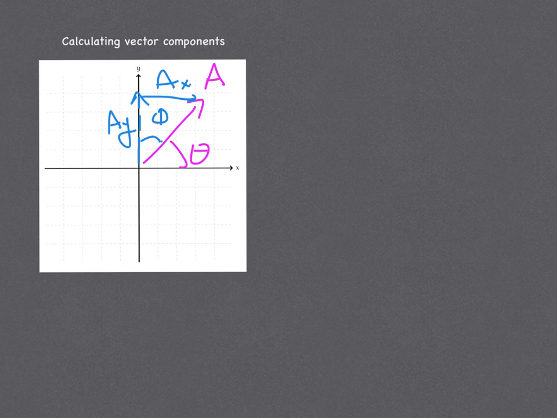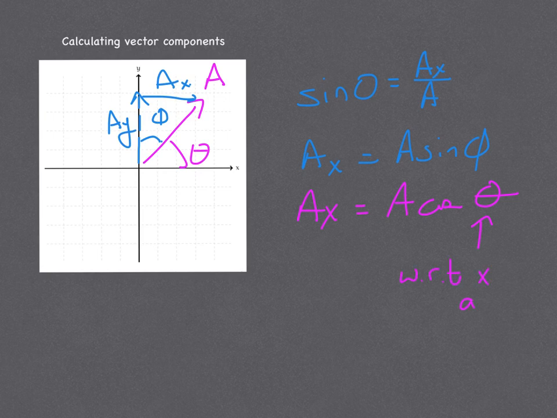So now it's opposite over hypotenuse, and that's ax over a. So solving for ax, you can see that it's not the same equation that we solved for before. Before it was ax is equal to a cosine of theta. And theta is always given with respect to the x-axis, which is what we want.